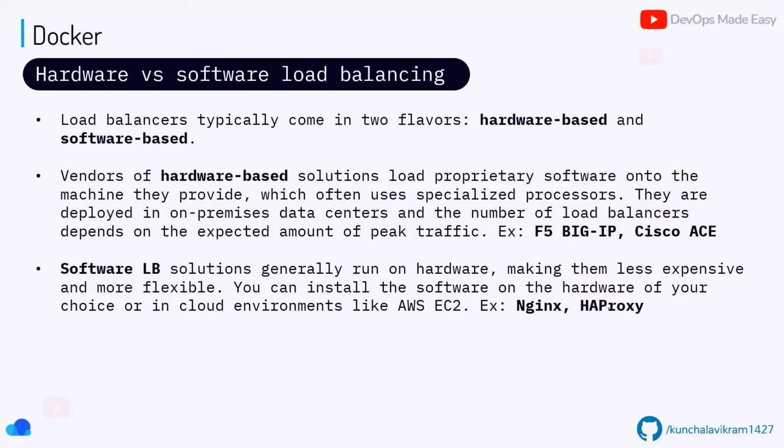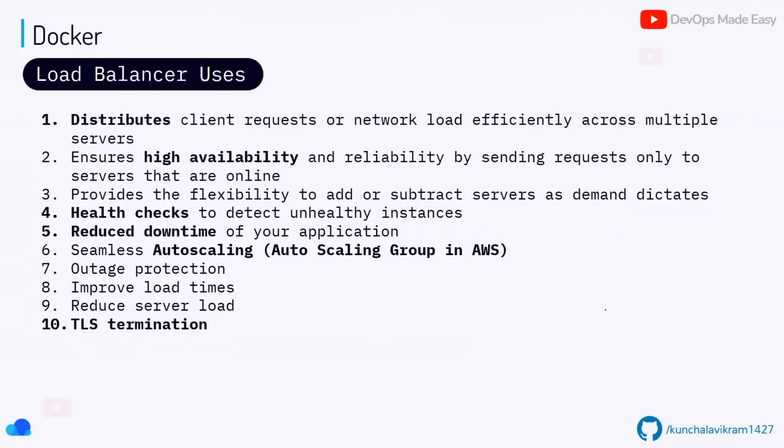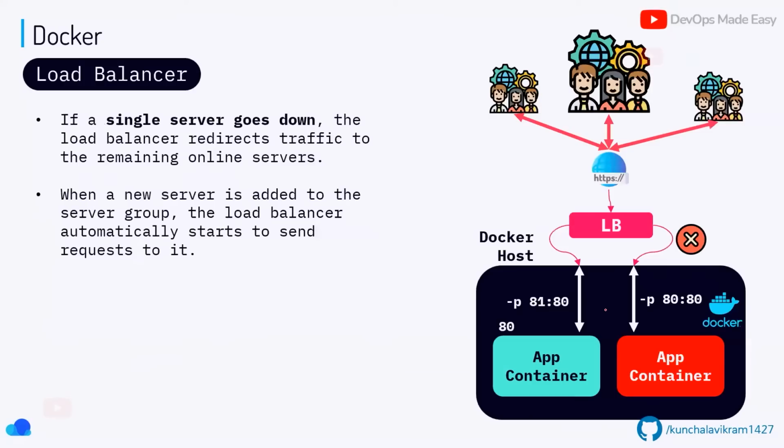Sorry, Vikram. Can you please go to the previous slide? Yeah, that diagram. So you are saying that the incoming traffic ends up at LB and encryption is terminated at LB.